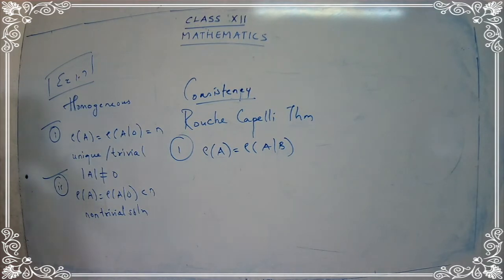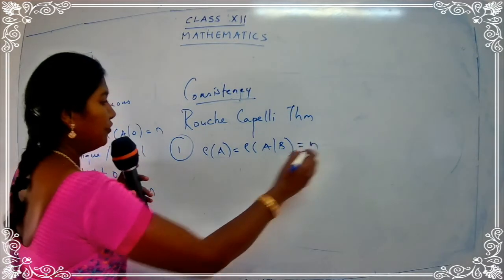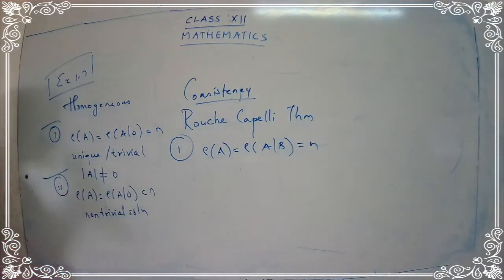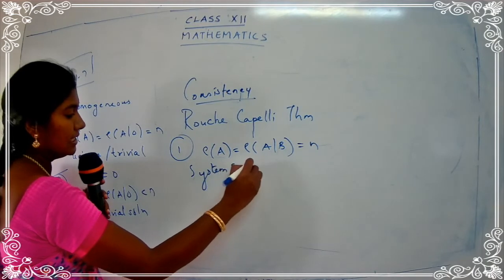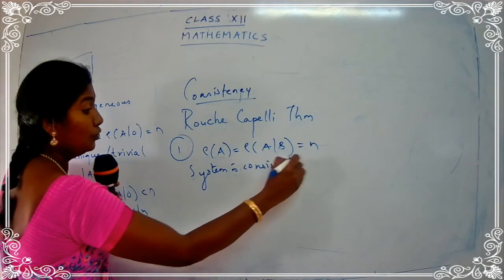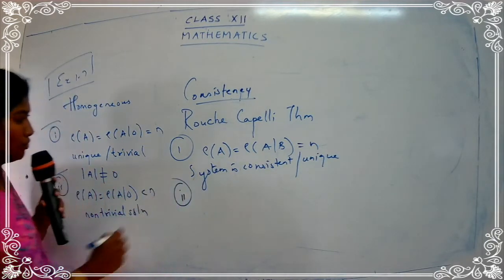So rank of A is equal to rank of AB is equal to N. If you have such a rule, we say the system is consistent and it has a unique solution. Okay, done. Now let's go for the second rule.